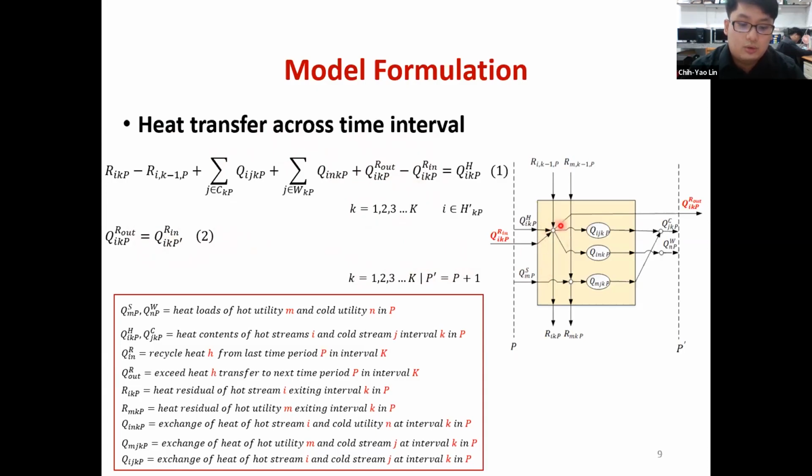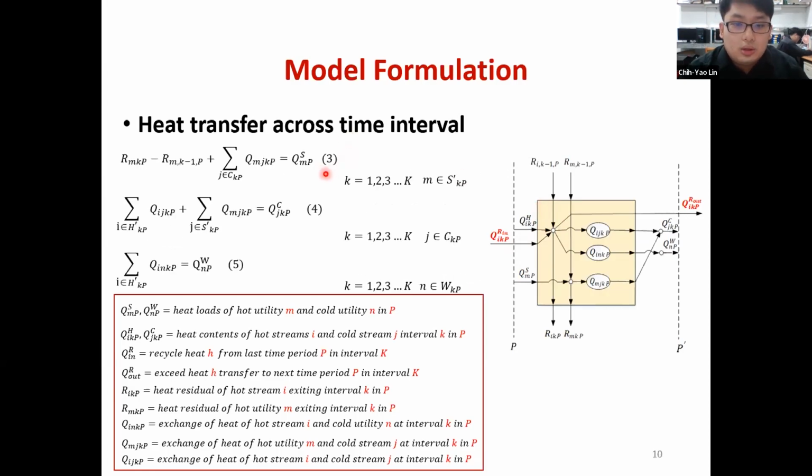Then heat can transfer to the next interval. The third, fourth, and fifth formulas are the same as the basic multi-period transfer model.